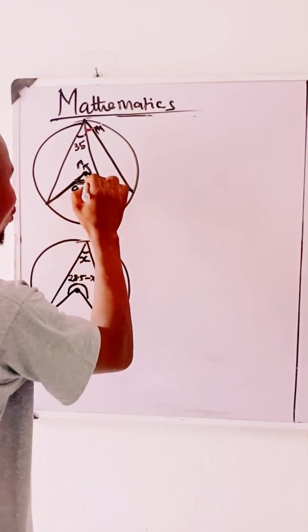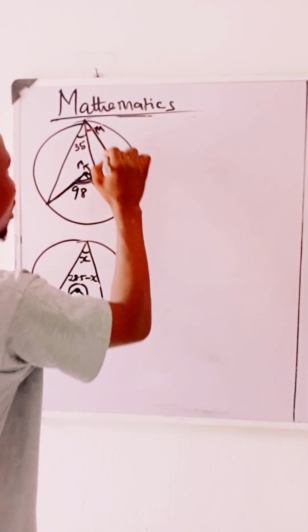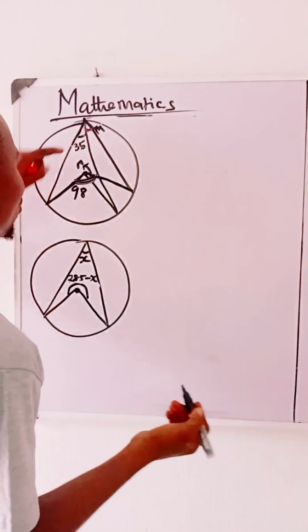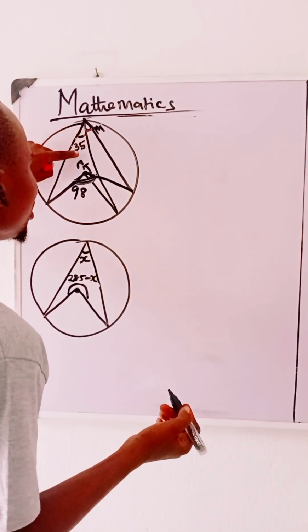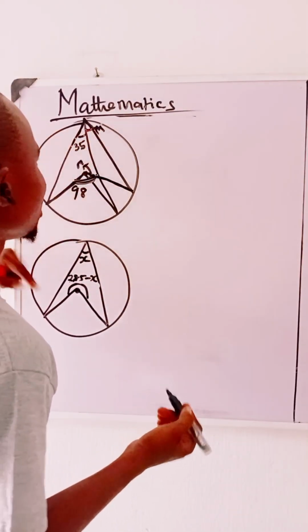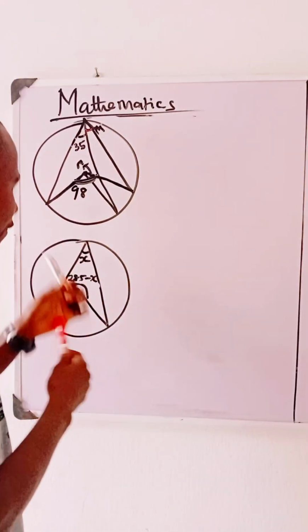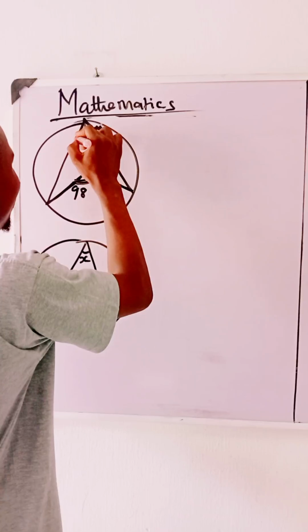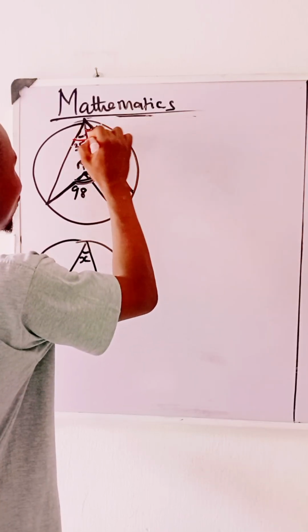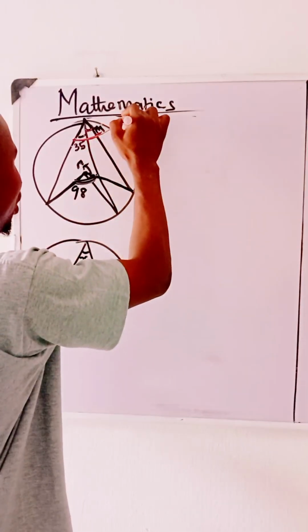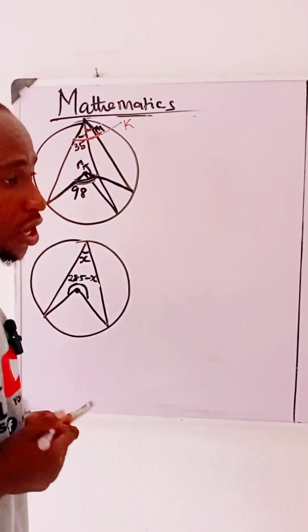If you trace from this one here, I have this side and I have this side, but it is divided into two. Part of it is 35 and part of it is M. That means I'm going to use this 98 to find everything here. I will use 98 to find this side. So let me call it K, okay?